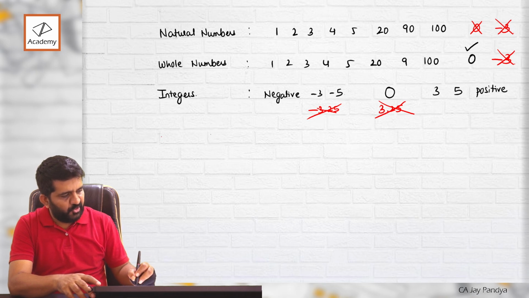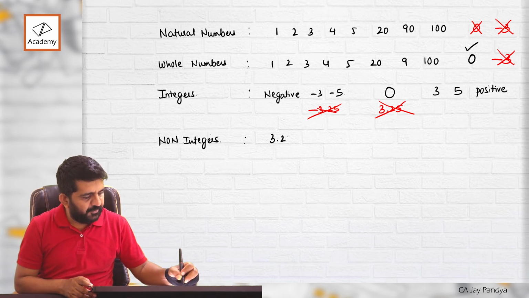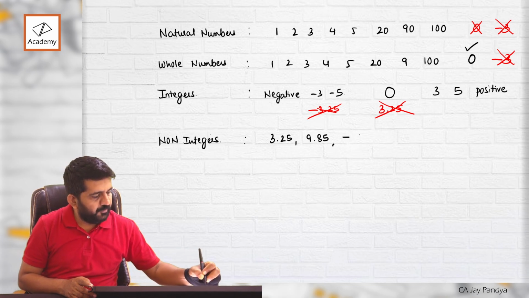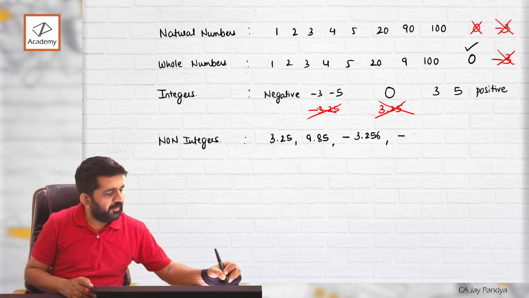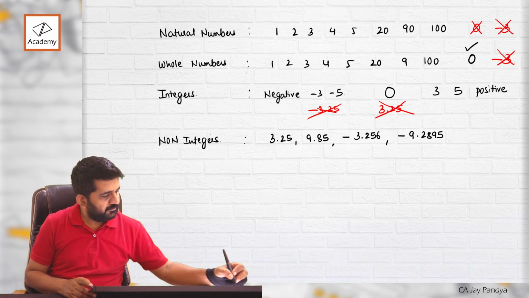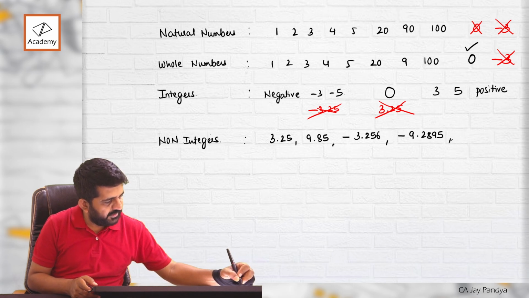Then non-integers. What are non-integers? 3.25, 9.85, minus 3.256, minus 9.2895, and so on.